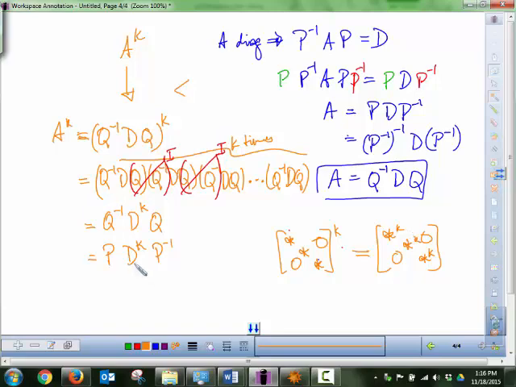So I can easily take a diagonal to any power I want, and then if I want to find A to the K power, I'll just diagonalize it, if it's diagonalizable, then raise the diagonals to the K power, and then just multiply by P and P inverse.